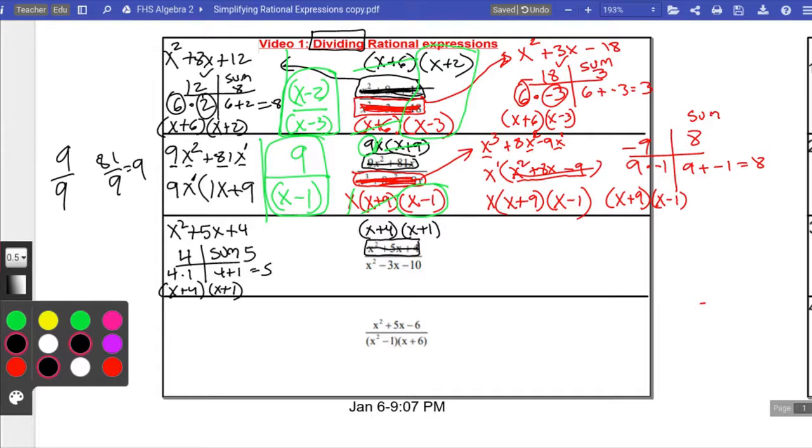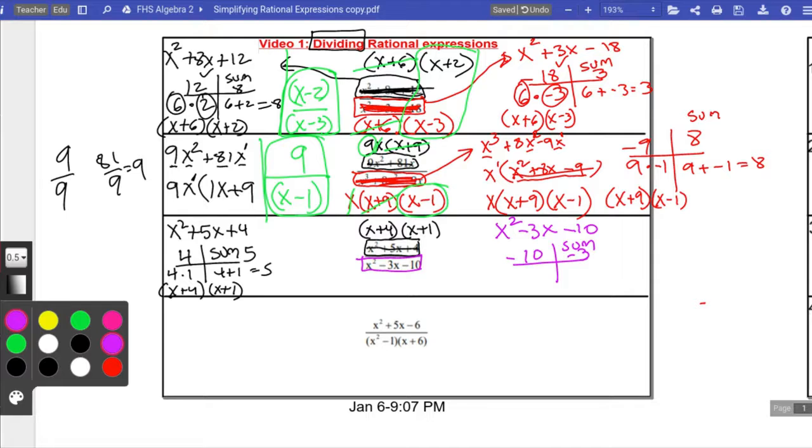All right, now here's a different color. You take this one, you bring it on the other side. X squared minus 3x minus 10. All right, I can factor this one, negative 10. Sum got to be negative 3. So two numbers that multiply to negative 10 and add to negative 3. Think.